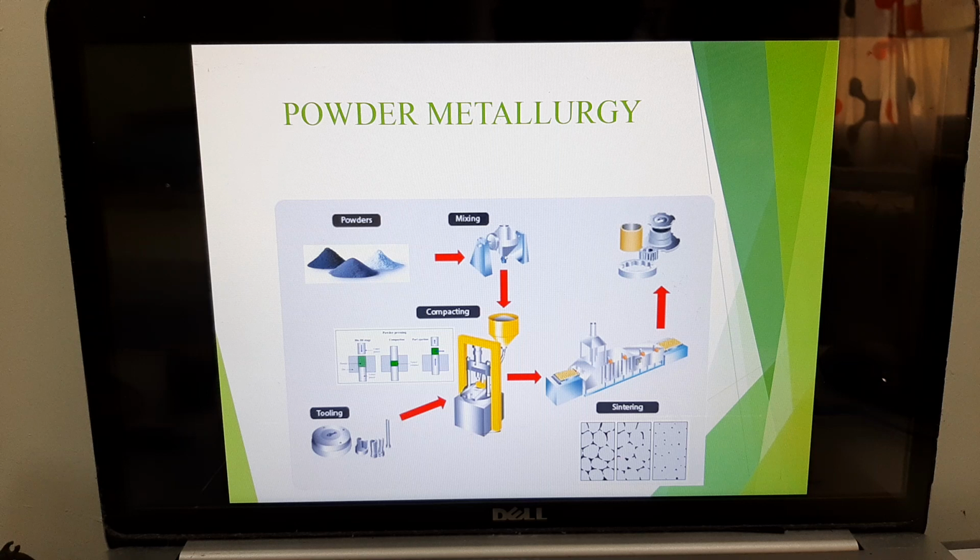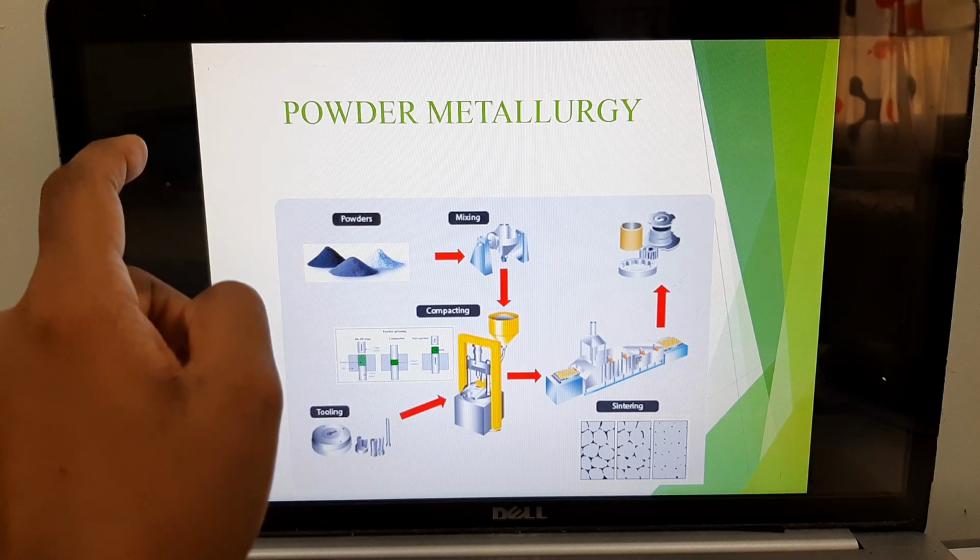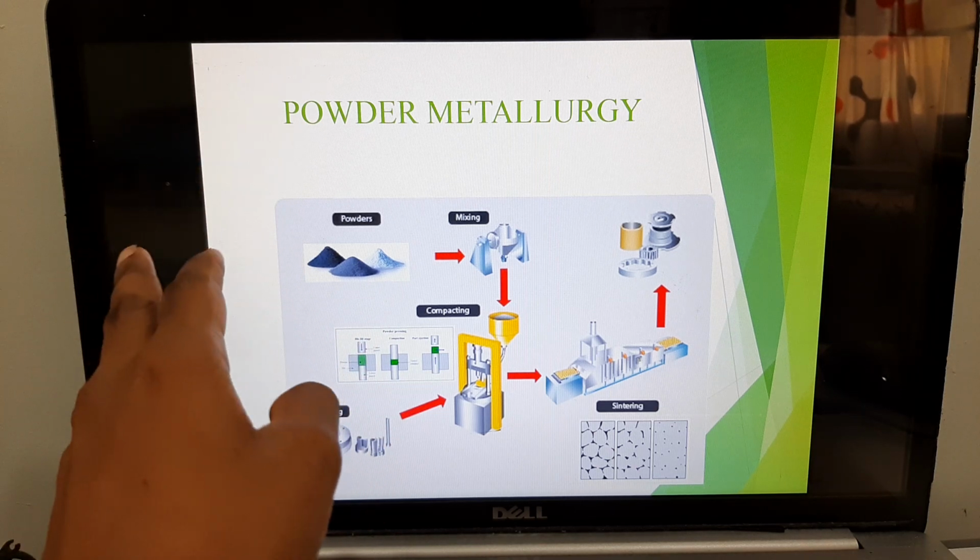So you're going to use a standard sieve to measure the size of your particles. You want to make sure you have nanometer range particles, so you're going to put this powder through a nanometer range sieve to ensure that your particle size is nanometer.